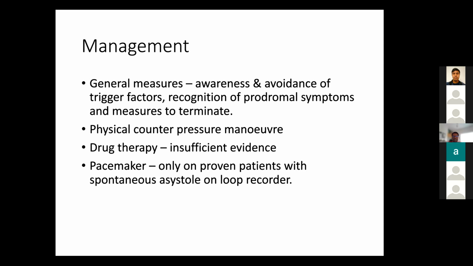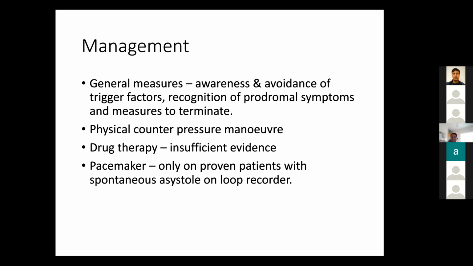If they can identify what triggers those symptoms, they can avoid the triggers and take some measures to terminate them. For instance, they can lie down and see what happens, and they can use physical counterpressure maneuvers, which reduce peripheral pooling and increase venous return.